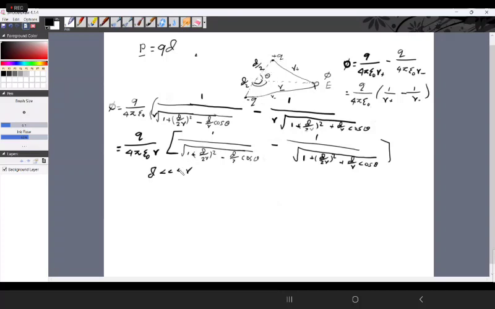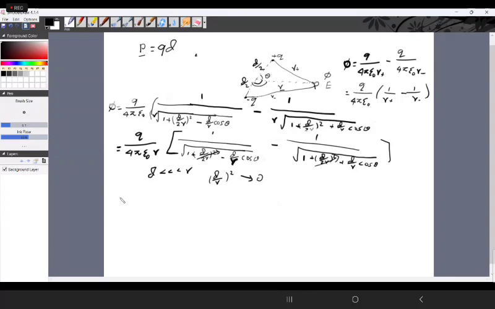So if d is much smaller, d over 2r or d over r, all these squared terms will be much smaller. Am I correct? So if d is much smaller, then d over r all squared, or d over r squared, will be close to 0. So we can just neglect this term and also this one in this step.